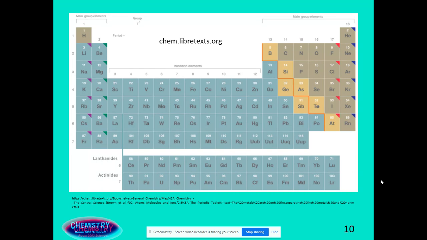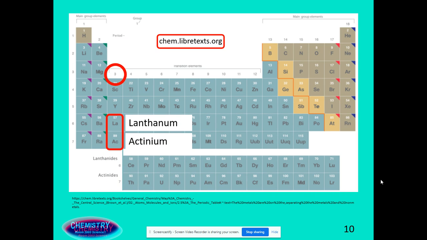But if we go over to ChemLibreText and look at their periodic table for group 3, they have lanthanum and actinium in periods 6 and 7, with lutetium and lawrencium pulled out to join the elements at the bottom of the table. So just be aware that there's a little bit of a conversation amongst chemists about which 2 elements really belong in periods 6 and 7 of group 3.